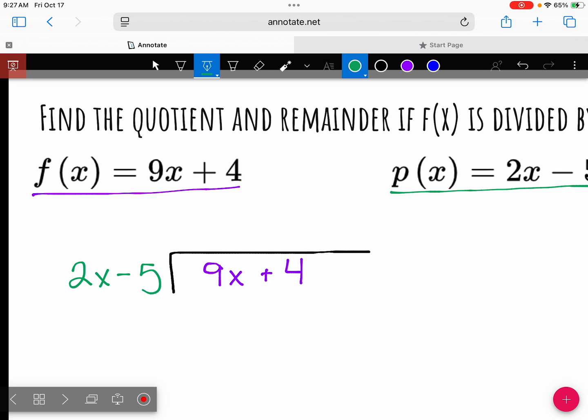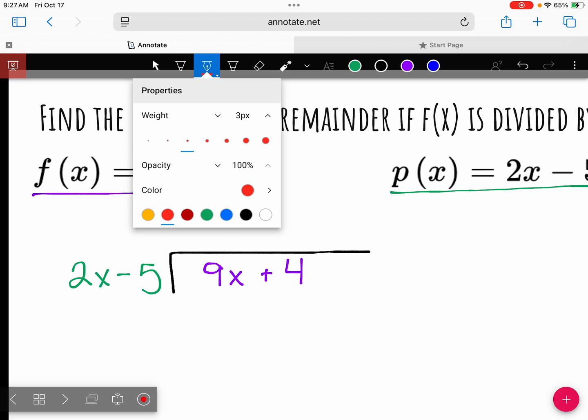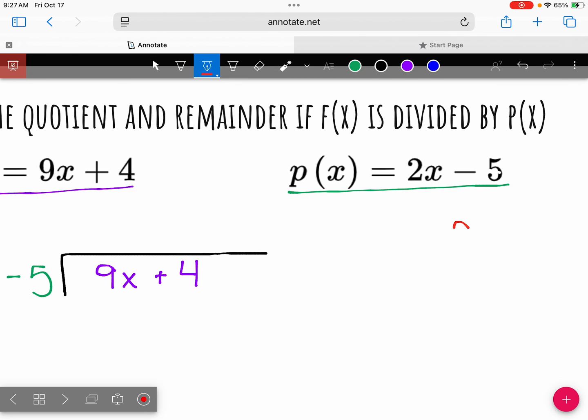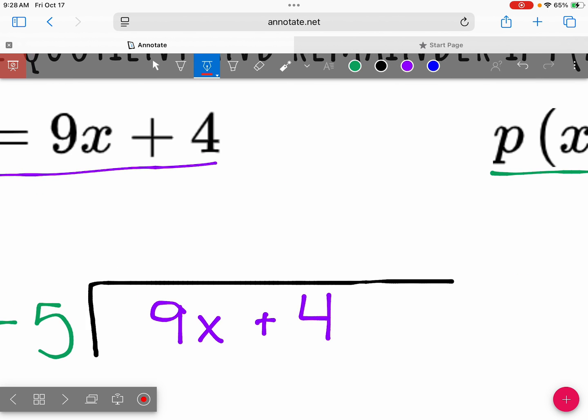So if we think about them as their own little mini division problem, if you remember this, if we take our 9x divided by that 2x, what happens when we have 9x divided by 2x? What do we get left over? 9 over 2. That's what we're actually going to put up here. 9 over 2.